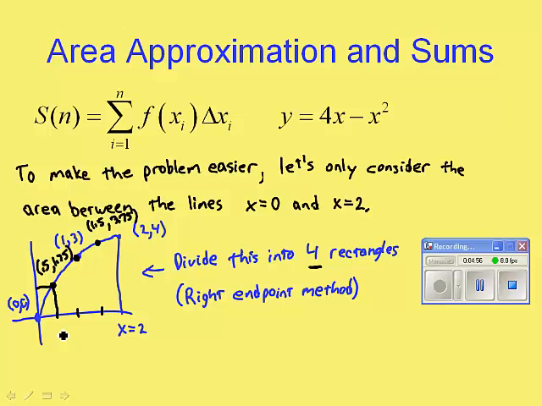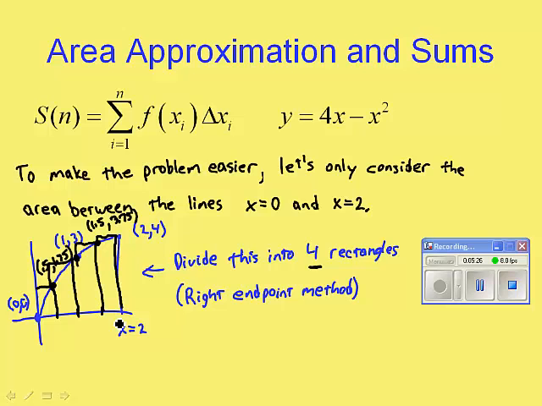Right? This rectangle is going to go how high? 3. This rectangle is going to go how high? 3.75. And then the last rectangle is going to go 4. Okay?